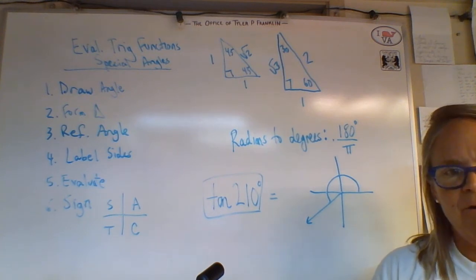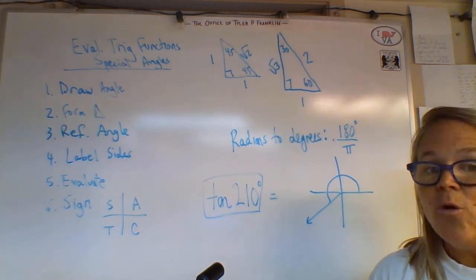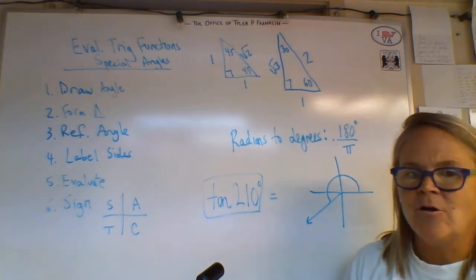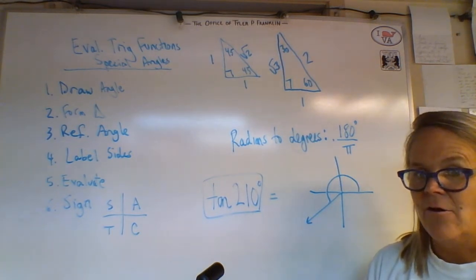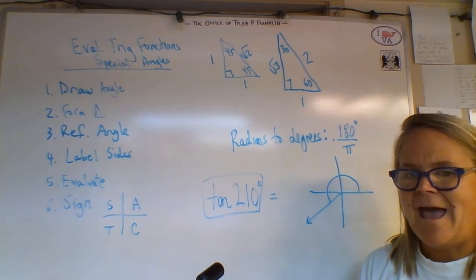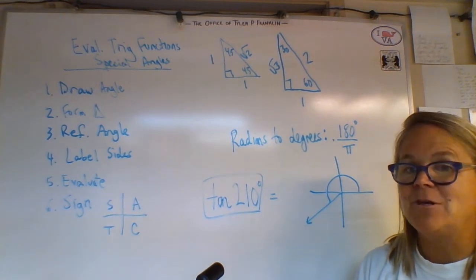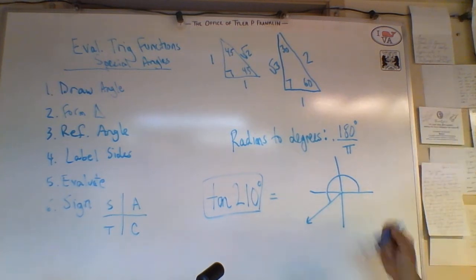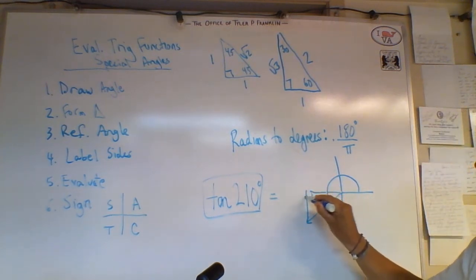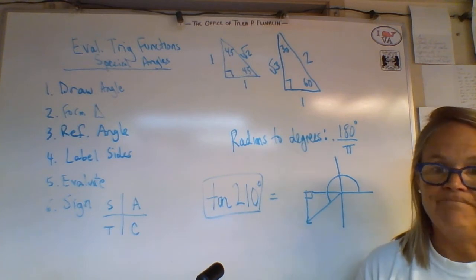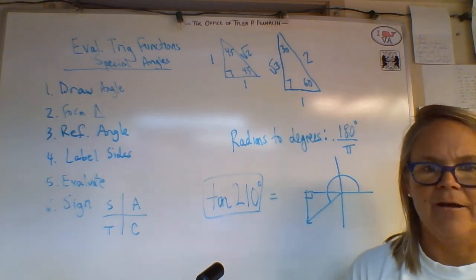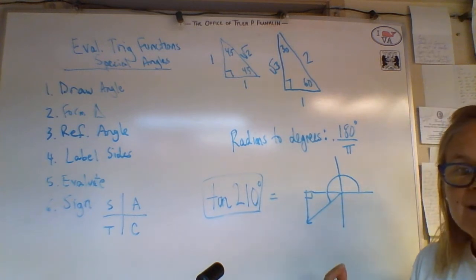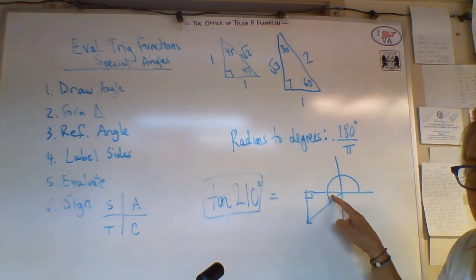Form a triangle. Well, I told you the last lesson, when we make this triangle, we always need the reference angle. The only way you can have the reference angle is if you connect to the x-axis. I connect with a vertical. I got a triangle. Reference angle. What is it? It's right there.